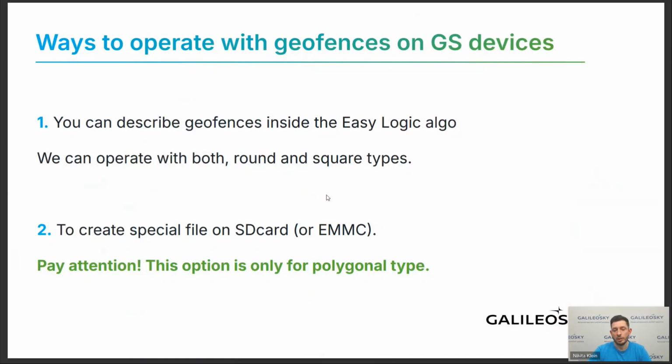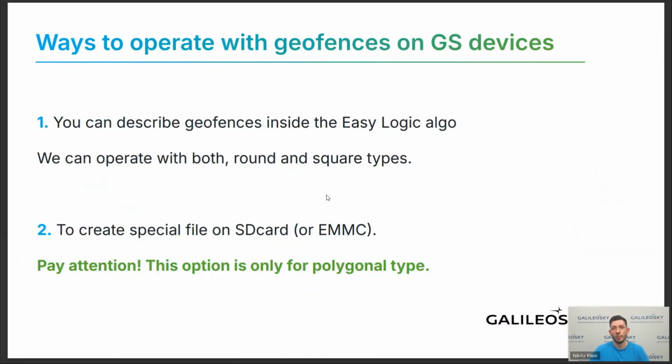The first method is compatible with square types of polygons and round types of geofences. Pay attention: if you want to create a polygon inside Easy Logic, you can only create a square. The second method is compatible only with the polygonal type. You can't create round geofences inside your KML file. Of course, you can do it, but our firmware will not recognize it.